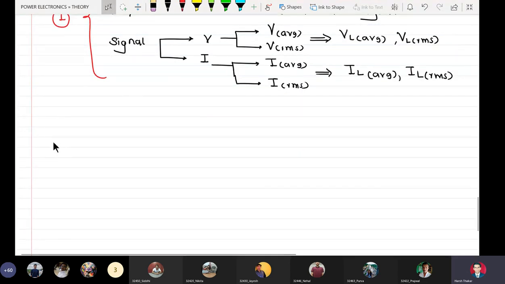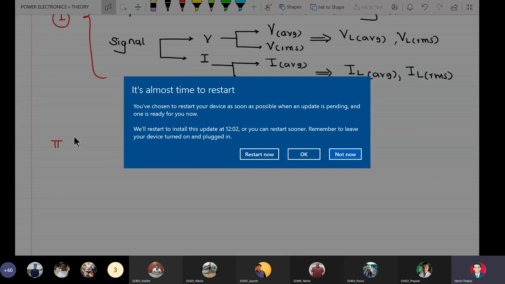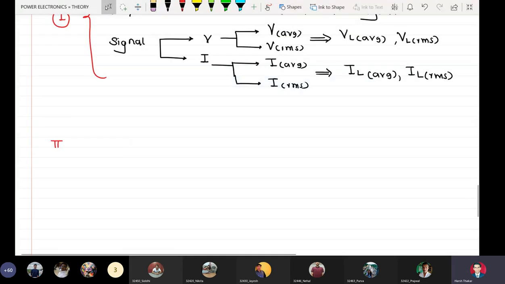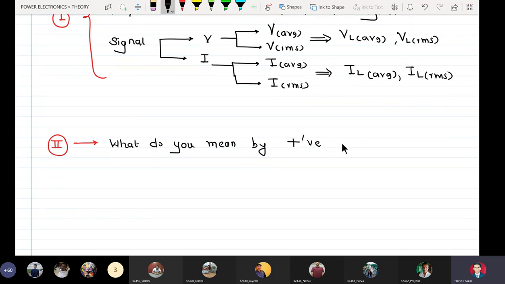Second important point is, what do you mean by positive or negative?